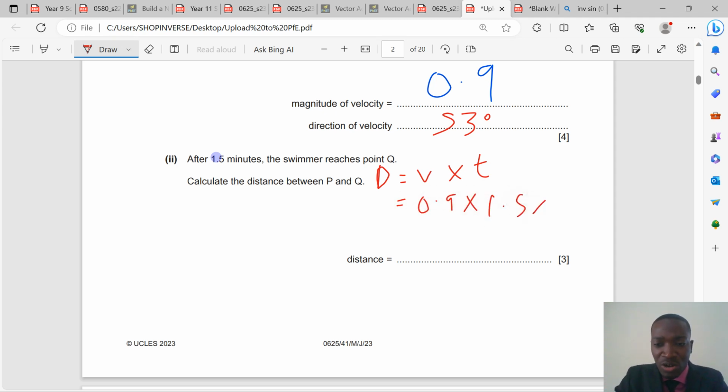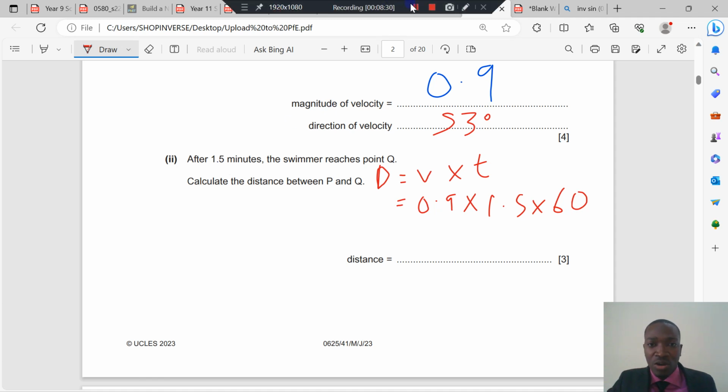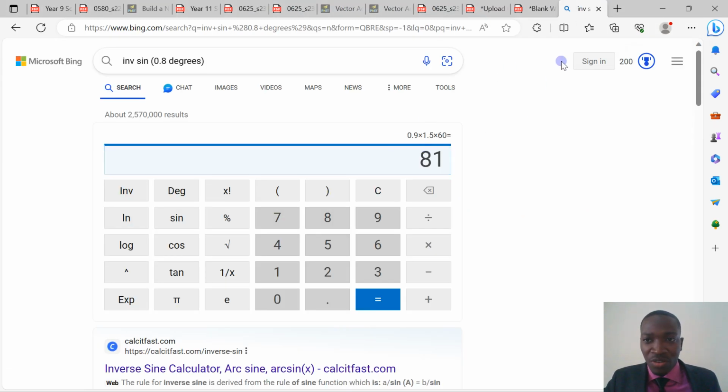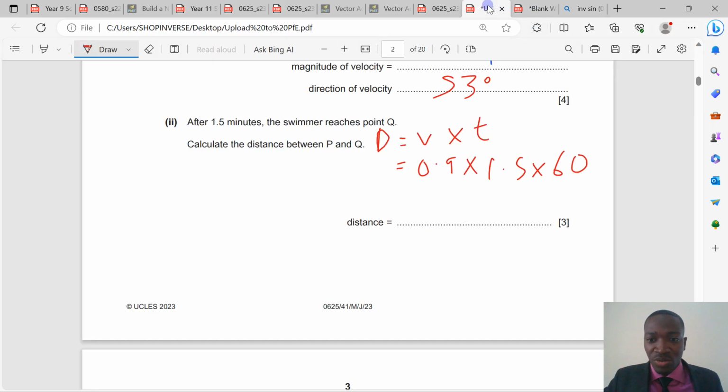You have to convert that to seconds by multiplying by 60. When I multiply all of these, I got 81. So I put 81 meters here. That's the distance covered.